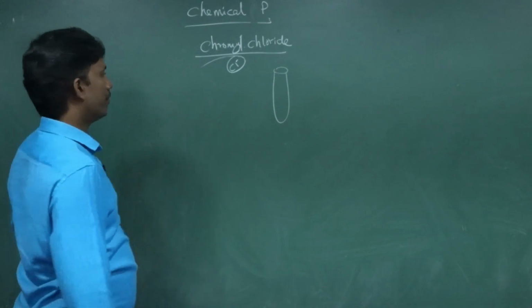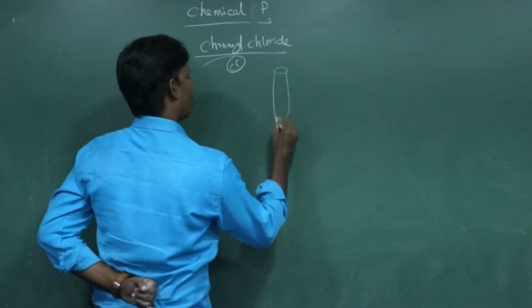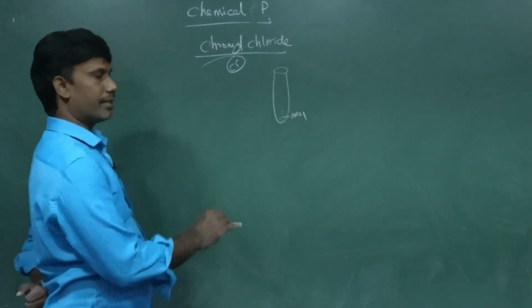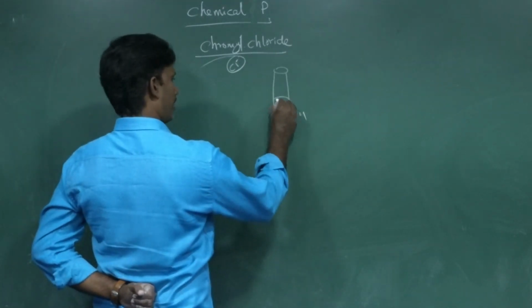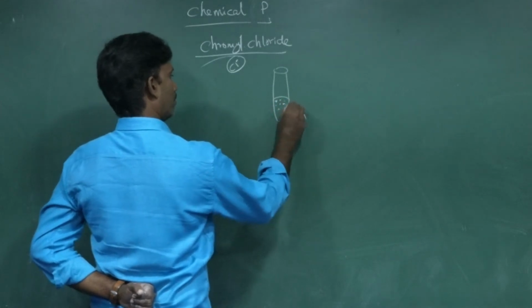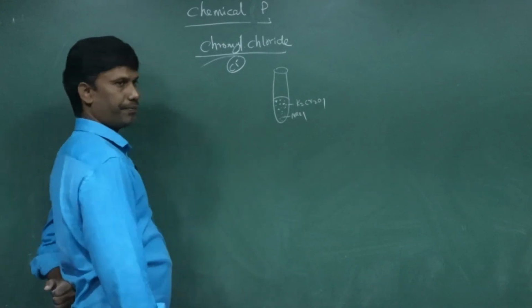Take a test tube with a little bit of the chloride salt. Then add a pinch of potassium dichromate, K2Cr2O7.